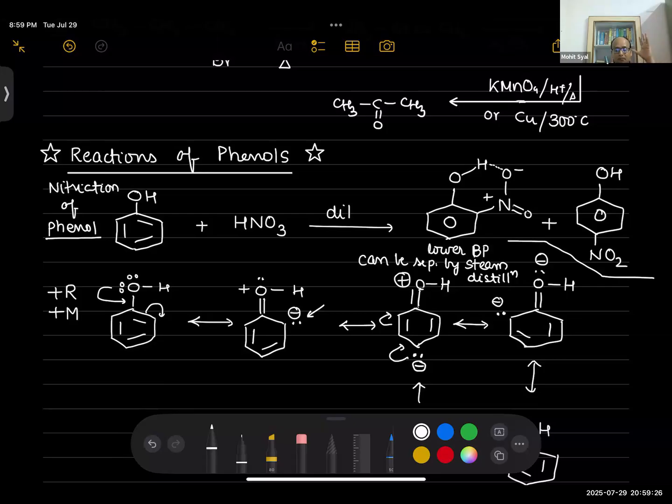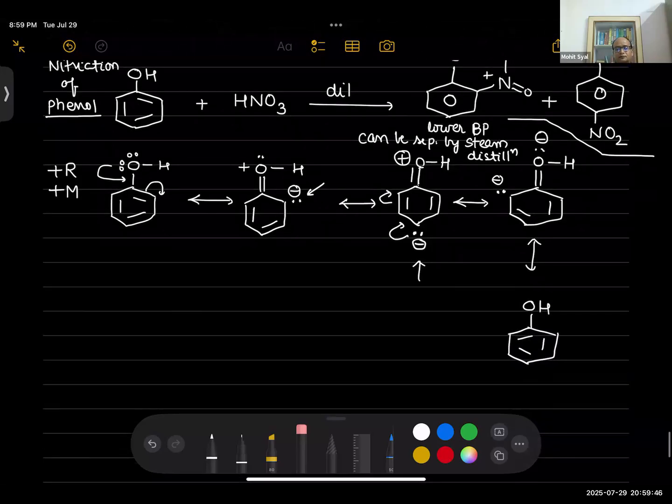So they are not participating in intramolecular hydrogen bonding. In fact, they are participating in hydrogen bonding with other molecules. That is called intermolecular hydrogen bonding. Is it clear? And that will increase the boiling point.